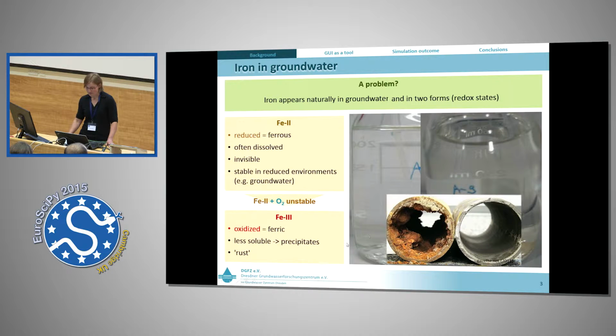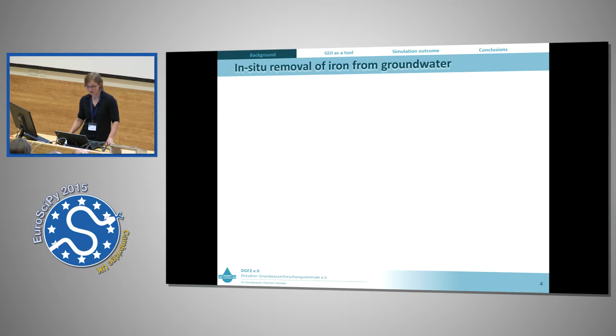So many groundwaters naturally contain this iron dissolved, and when we want to use this groundwater as drinking water, this would happen. So we need to get rid of this iron in the water, and there are many different methods how to do this. Many of them are happening above ground, above the surface, but there's a relatively new approach that happens in the underground.